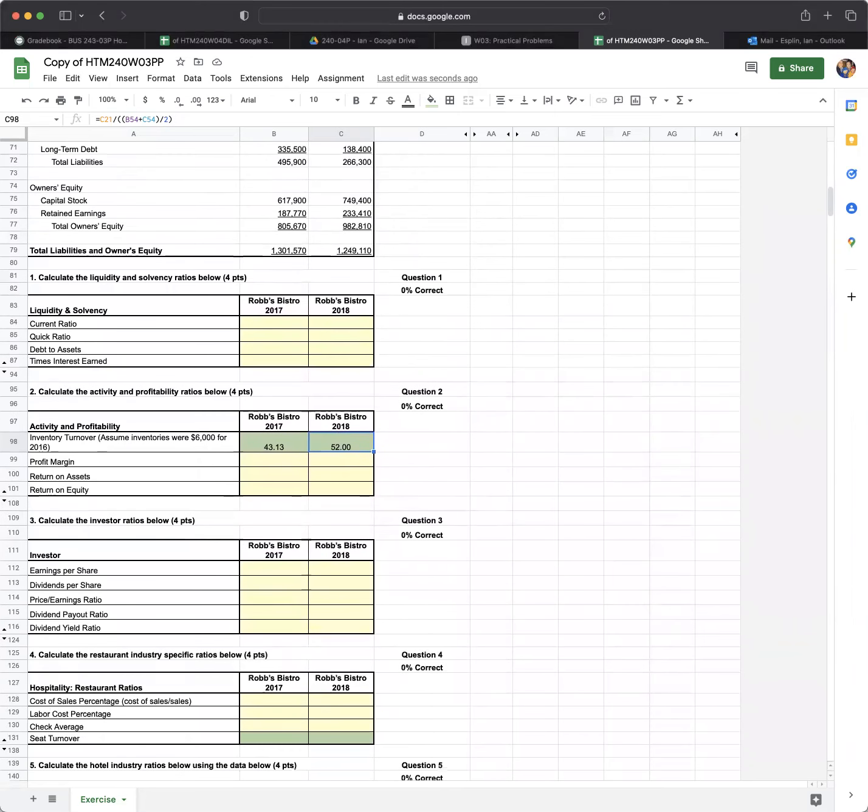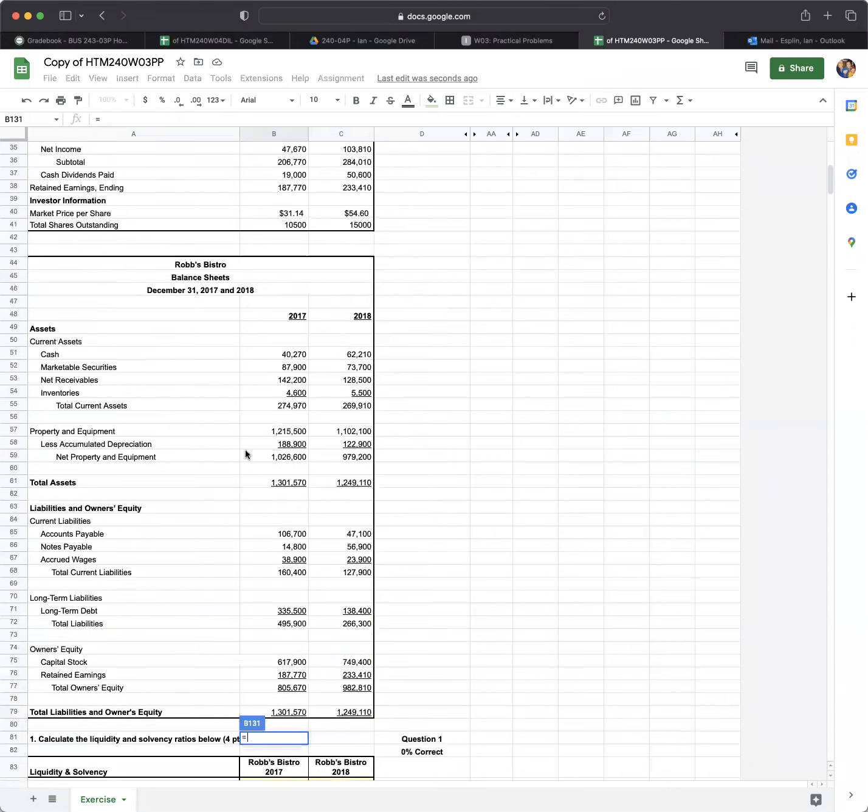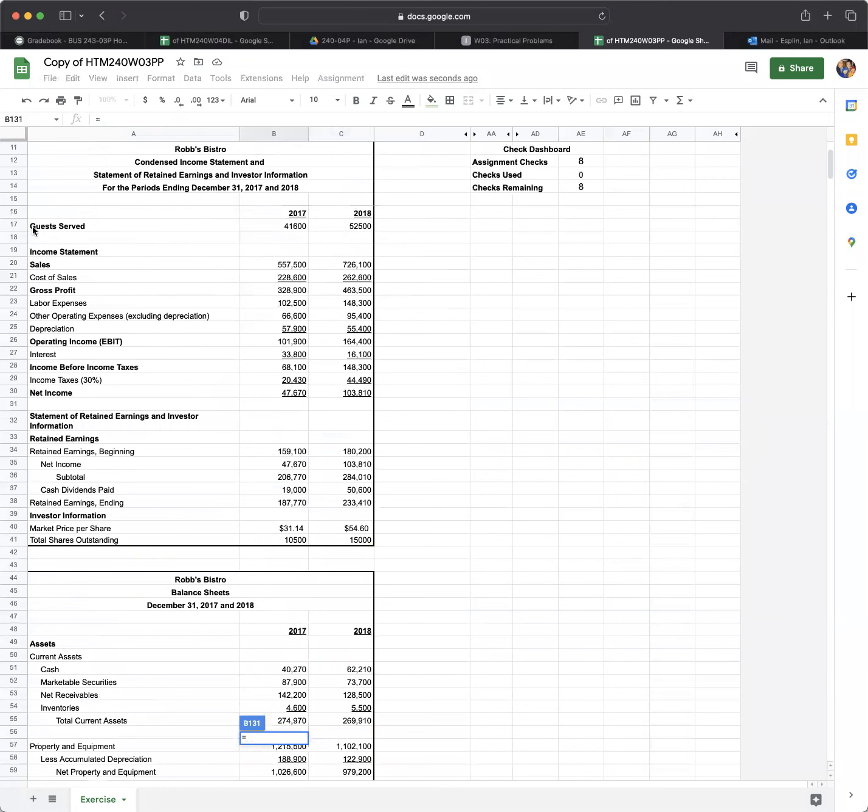The seat turnover, this one actually luckily is pretty easy once you understand where the numbers are coming from. So the first thing we need to do is know how many guests were served. So in 2017, 41,600 guests were served.